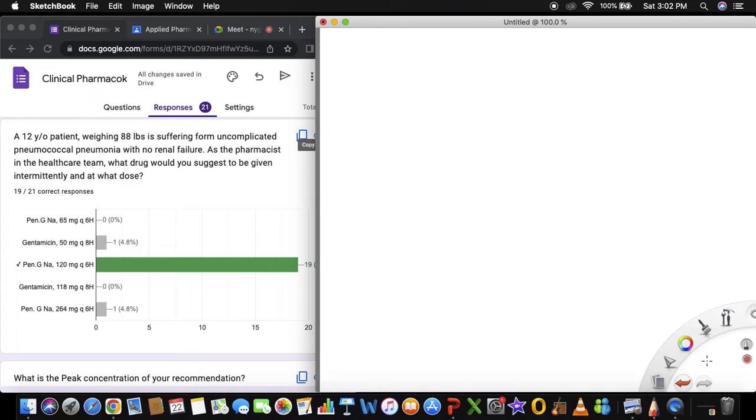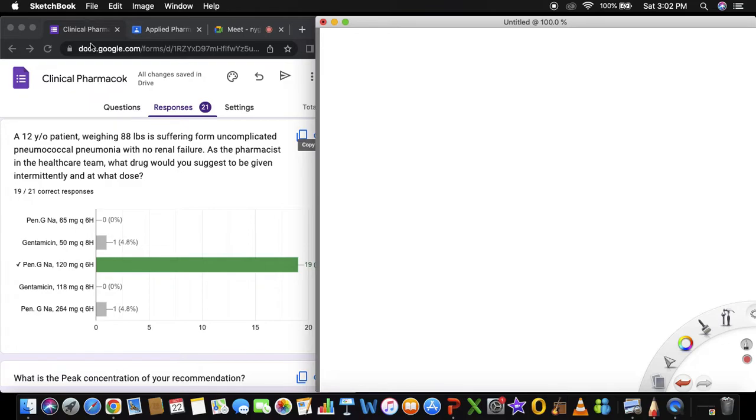So the question is: my patient is 88 pounds, a 12-year-old child. What dosing regimen will we give if we are to give penicillin intermittently, IV push? We said we will use Pen-G.